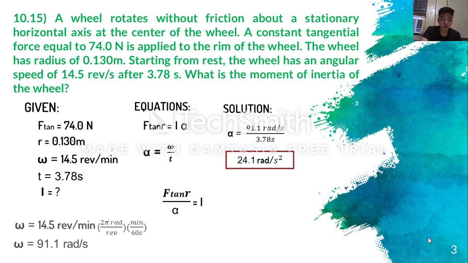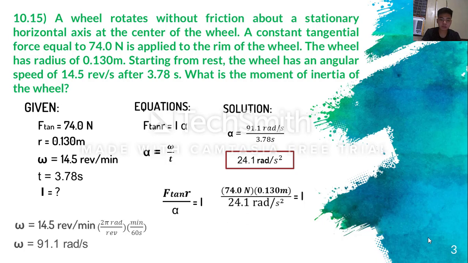Now, we derive it from the original formula to get the I, or the inertia. So to leave the inertia at one side, both sides will be divided by the angular acceleration. So our formula will be F tangential times the radius all over angular acceleration.